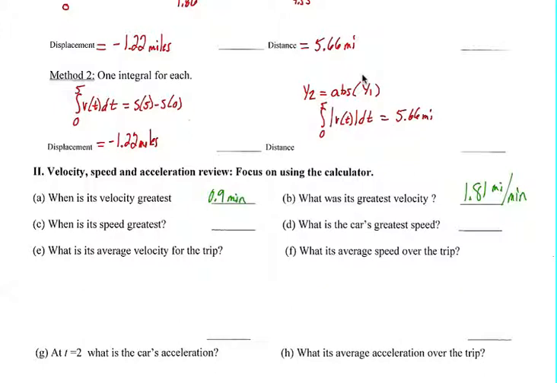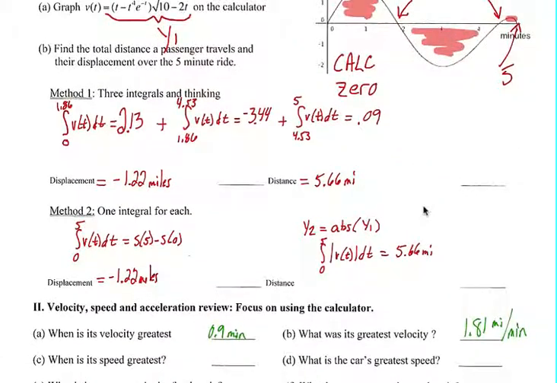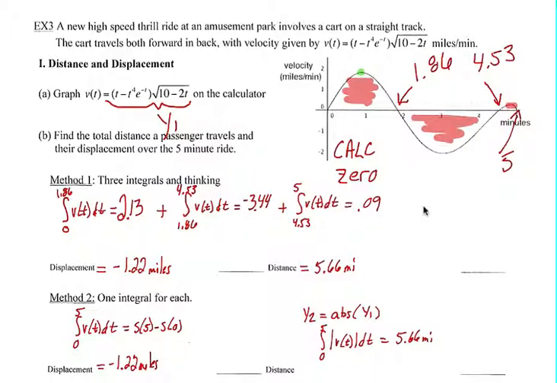Speed, we don't care whether it's positive or negative. So we want to know, is there a place where we have a speed that's greater than 1.81? The 1.81 is right up here. So the question is, is the absolute value of this velocity going to be larger? Use your calculator again to find the coordinates of that point.